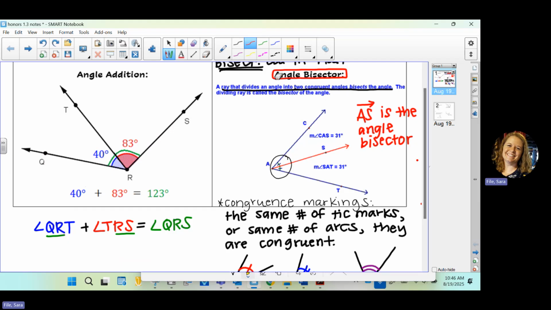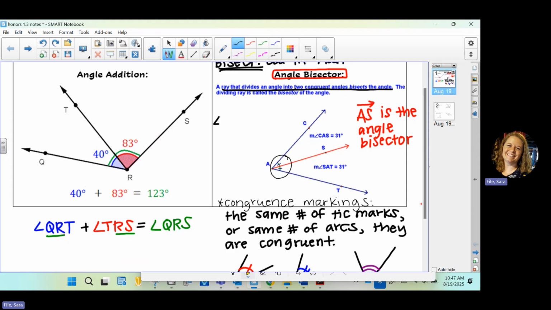So what does that mean for these smaller angles? Okay, they're marked congruent, but remember we learned how to write a congruent statement. That means that angle CAS measure, well, I'm not going to put the measure because they have the measure listed as 31.